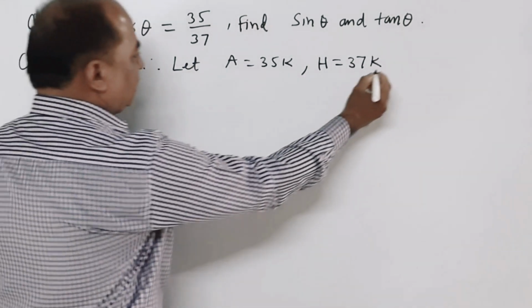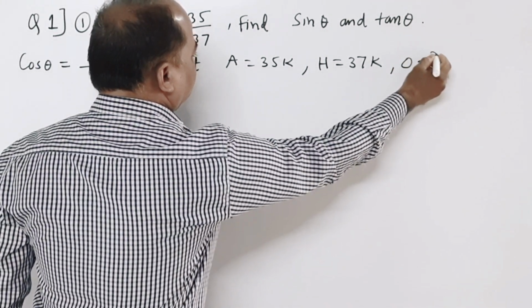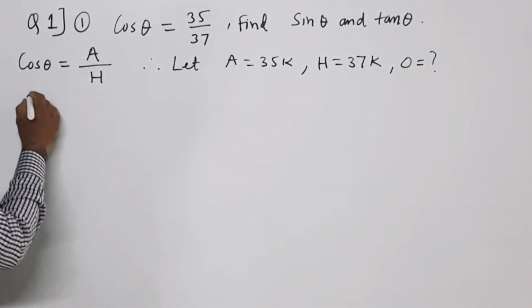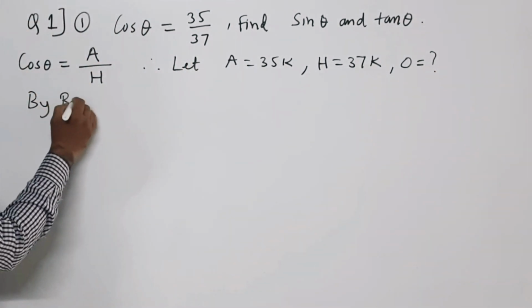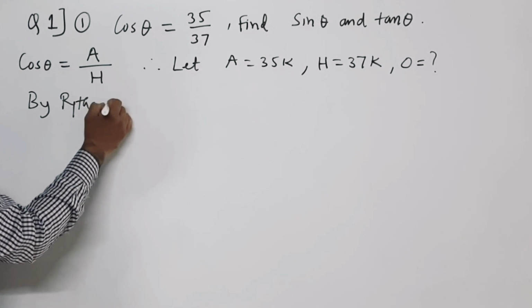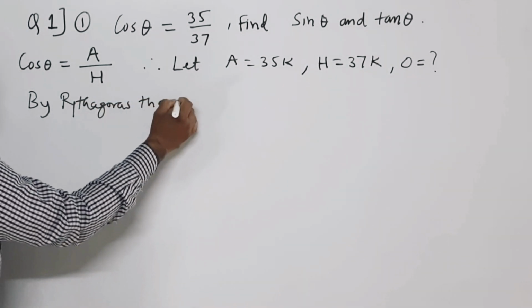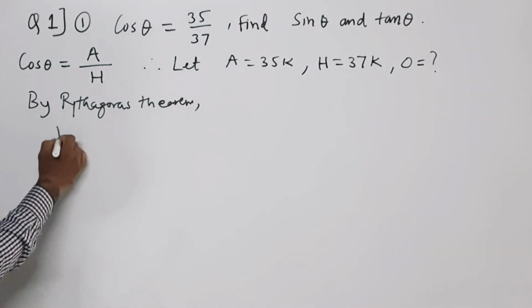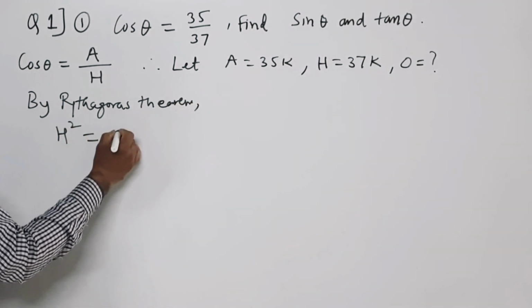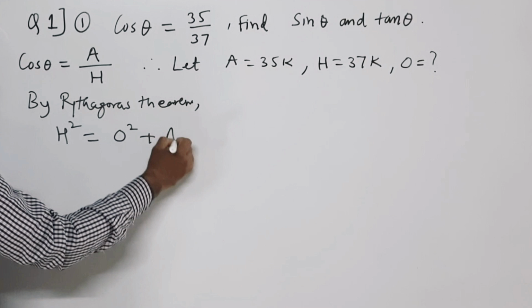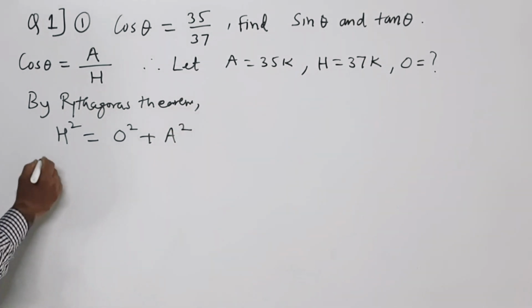Here we have to find the opposite side. We know by Pythagoras theorem, in a right angle triangle, square of the hypotenuse is equal to opposite side square plus adjacent side square.